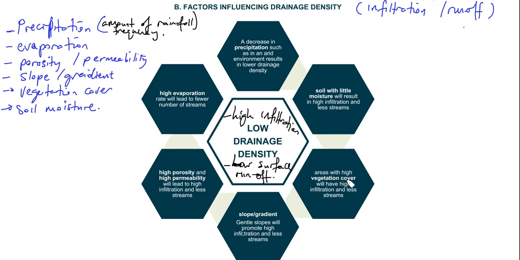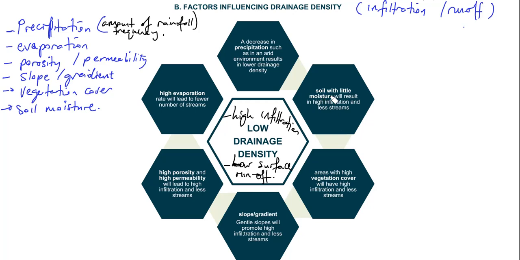Now, areas with high vegetation cover will have high infiltration and fewer streams. Once we have high infiltration, we have fewer streams. When you've got more vegetation cover, it results in fewer streams because more water is being absorbed. If you listen to lecture 1, Geomorphology 1, I was explaining that when you've got vegetation cover, we are increasing infiltration.